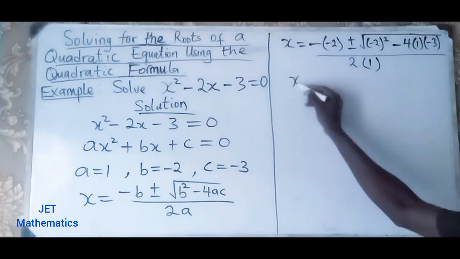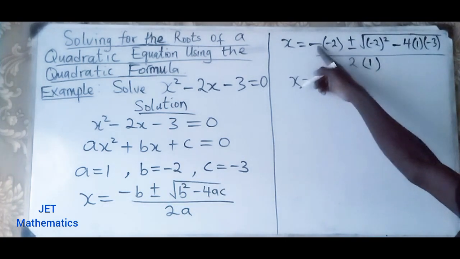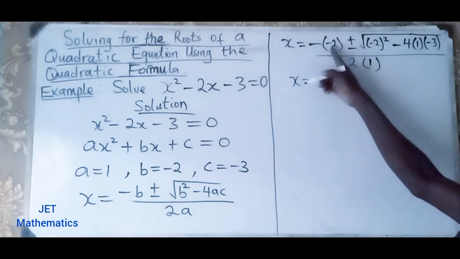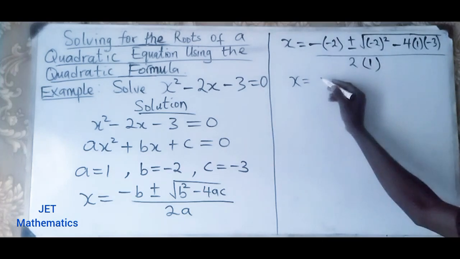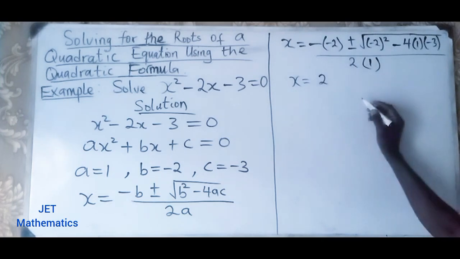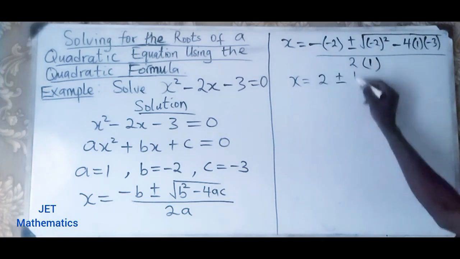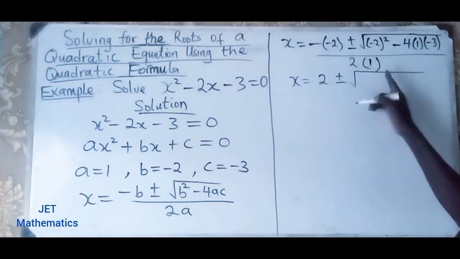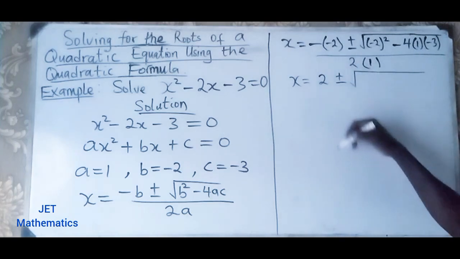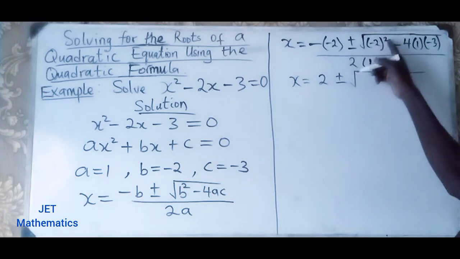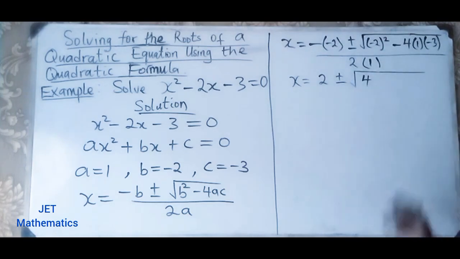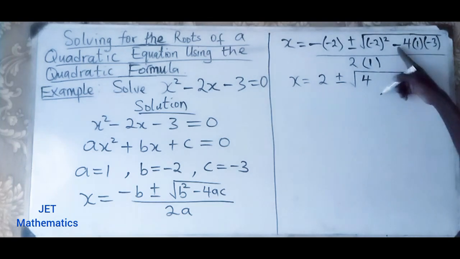Next we simplify. Minus times minus 2 is positive, so we have positive 2 plus or minus the square root of minus 2 squared, which is 4. Then minus 4 times 1 is minus 4.